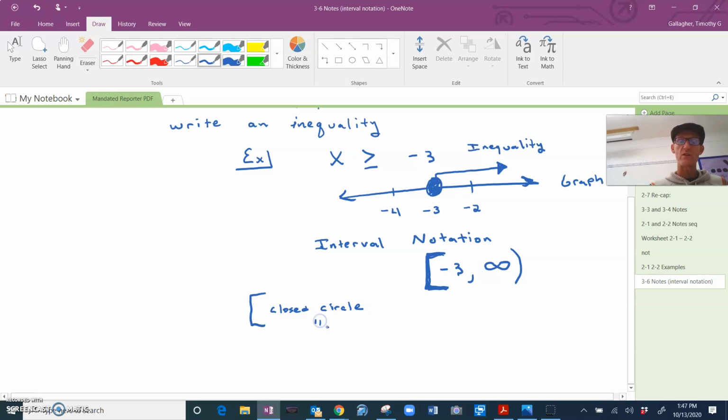Now, it's or equal to. Okay, this parentheses is an open circle. And this parentheses is infinity too.